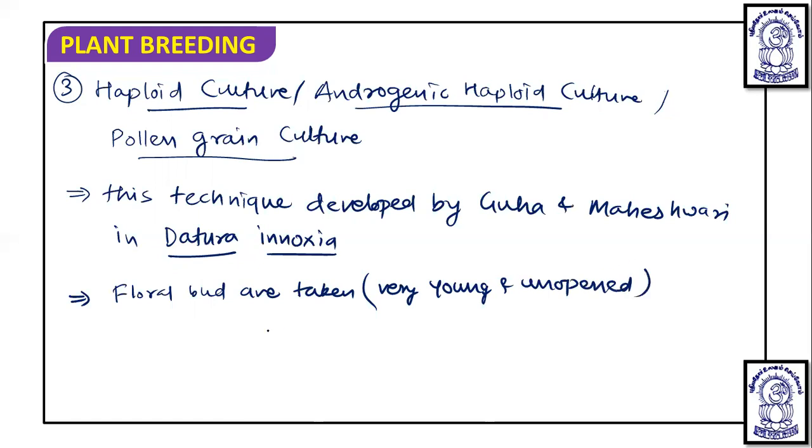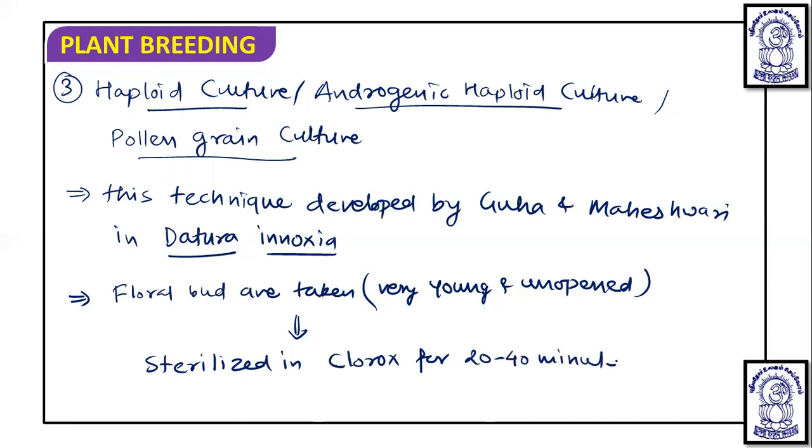Okay, these floral buds are taken, and then these floral buds are sterilized in Clorox, an antimicrobial chemical, for 20 to 40 minutes. So the surface sterilization will be done and then the floral bud will be free of the microbes.